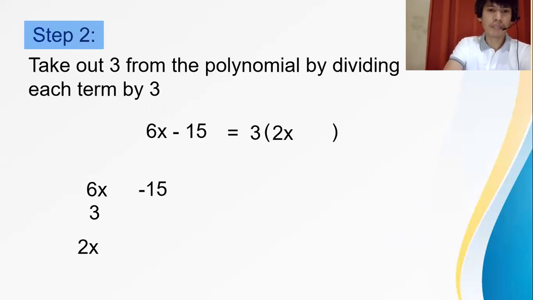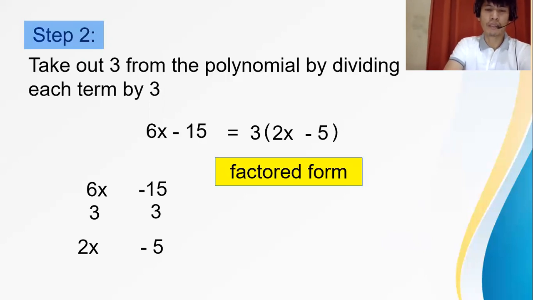And then negative 15 divided by 3, and therefore we have negative 5. So this will be your factored form. Okay, so we have two factors. So the factors of 6x minus 15 are 3, then 2x minus 5.